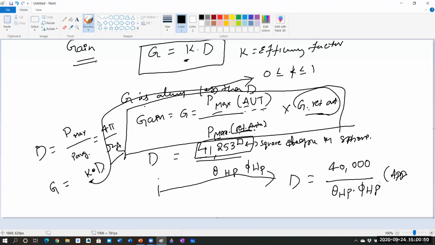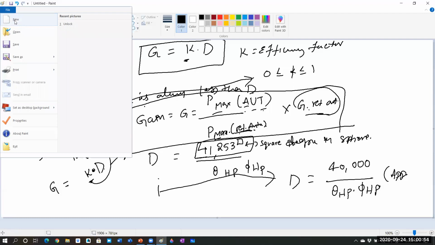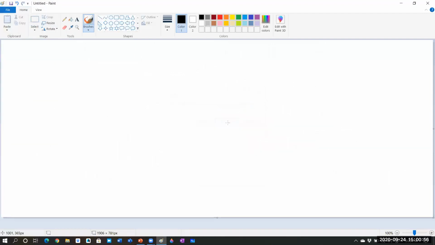So all of you, please note what are the antenna parameters we have discussed up to now. First one, radiation pattern. Radiation patterns are of two types: field radiation pattern and power radiation pattern.